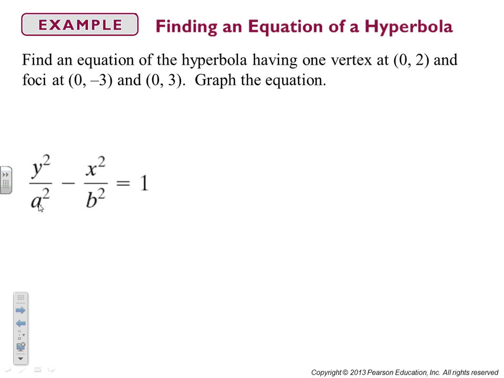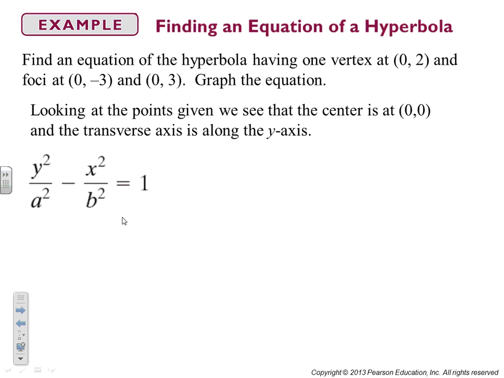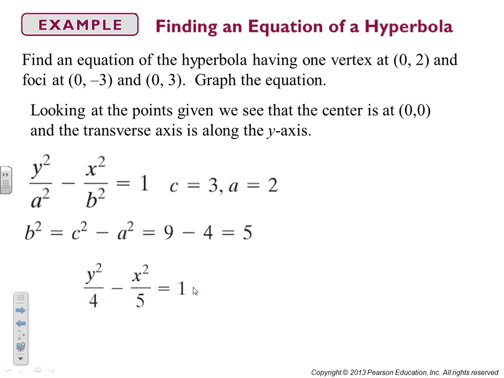And we know that a is going to be 2. Having foci at 0, negative 3 and 0, 3, we know that c is going to be 3. So we use the equation b squared equals c squared minus a squared to find our b squared, which is 5. And we throw the a squared and the b squared in the equation, and we get y squared over 4 minus x squared over 5 equals 1.